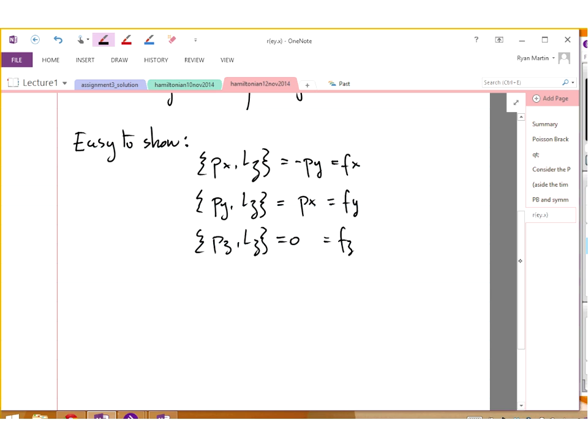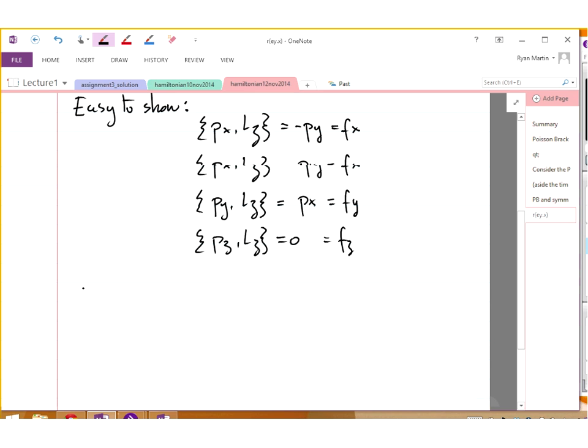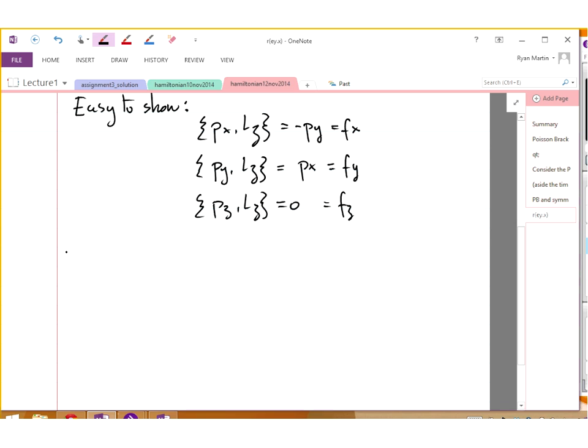We've seen that the Poisson brackets of all the coordinates with a conserved quantity allow us, at least for angular momentum, to find the transformation that's associated with the conservation of that quantity.